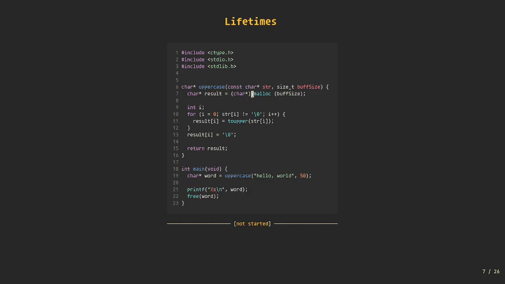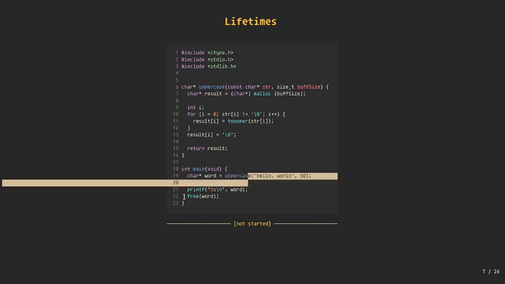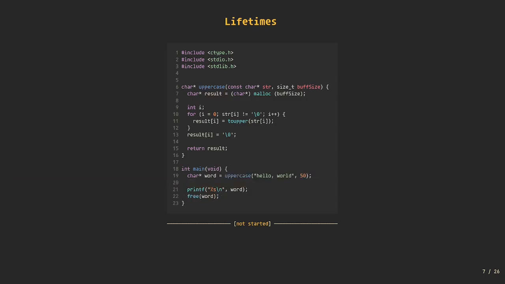And we see that the lifetime of this result starts from the uppercase function and it should end after printf. This idea of where to place the malloc and the free just comes with thinking about when this allocated memory should be alive and when it should not be alive anymore. So if we execute this, we should get what we expected, which is hello world, uppercased.